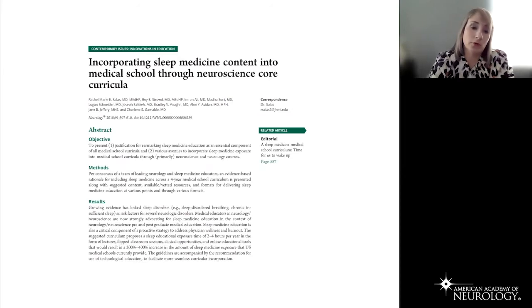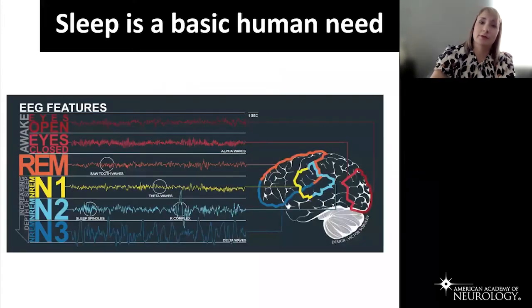So I think that more and more nowadays, people are seeing that sleep is important, and it's one of those disciplines that transcends all the other disciplines, right? No matter what specialty people go into in terms of their practice, they're going to have patients with sleep issues, either acute or chronic.